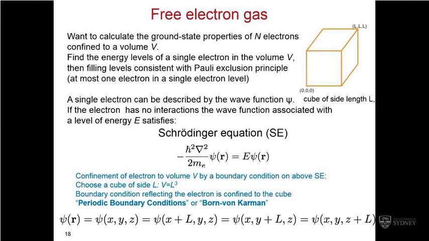As I explained before, it's periodic. Every wave function at position r equal to x, y, z, three-dimensional, if we go to the next unit cell in the x direction by L, which is the repeating unit, it's just exactly the same. Same for the y and z directions.